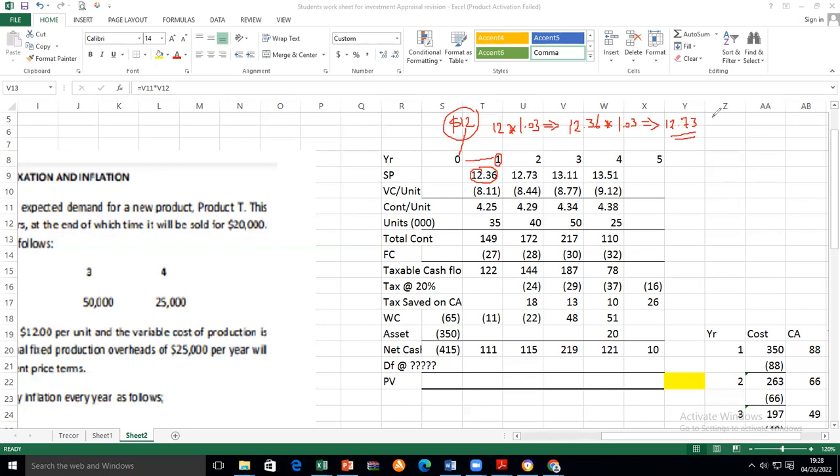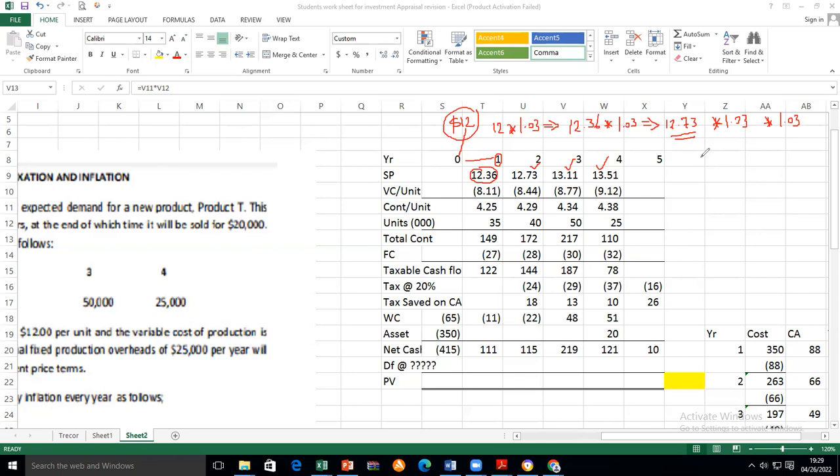So you continue multiplying by 1.03. So these figures now, there's that, and that. Is that okay? So that is how we get our selling prices over the next 4 years. What are variable costs?